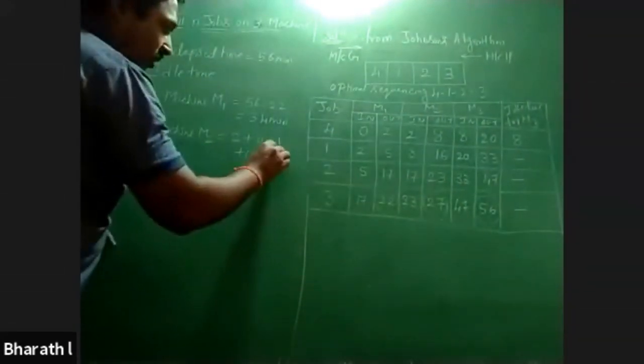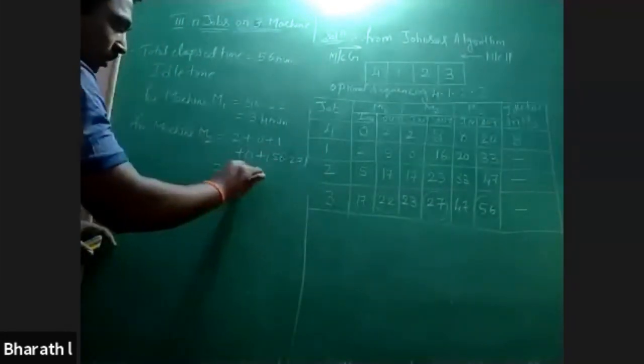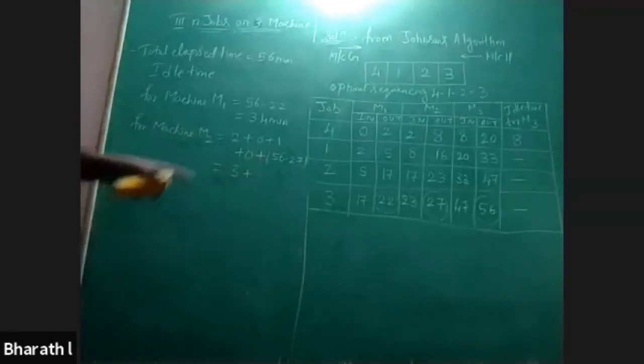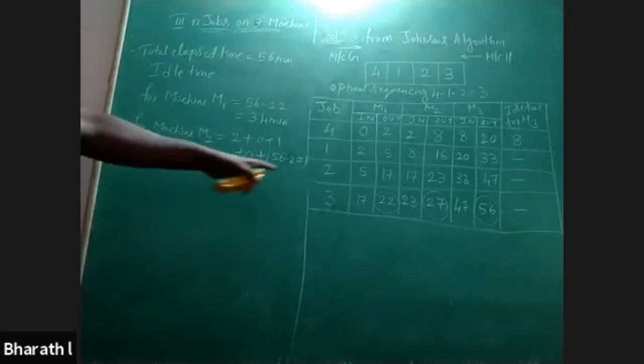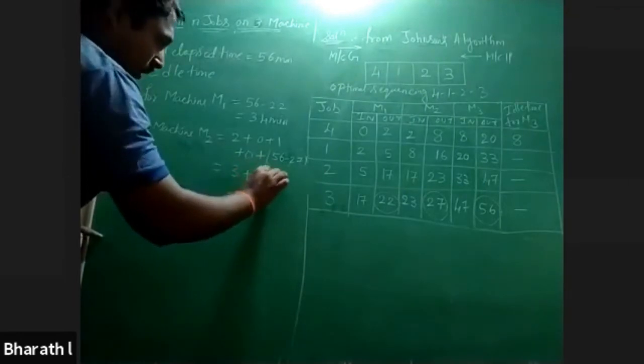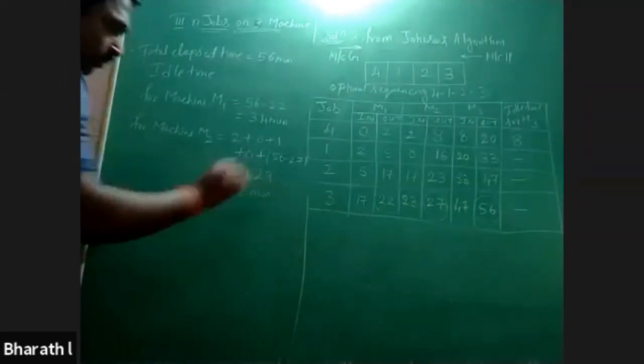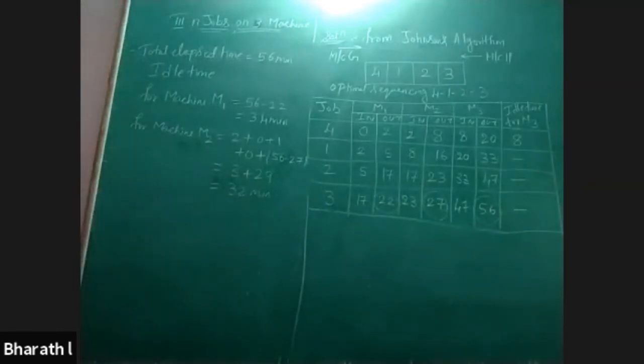That means we will get 56 minus 27, which is 29, so we will get 32 minutes. That is for machine 2.